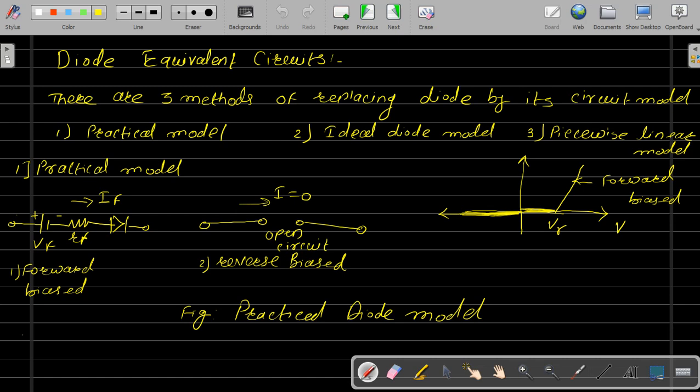That means when you want to replace this diode by its equivalent circuit under the practical model, whenever we apply some voltage, there will be some voltage drop across the diode. There is some resistance offered by the diode, and the next is the ideal diode symbol. So this is the forward bias practical model. When it is reverse biased, no current flows through the device, therefore the circuit will be an open circuit, which can be represented as so.